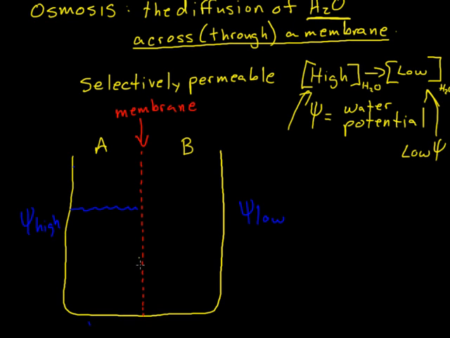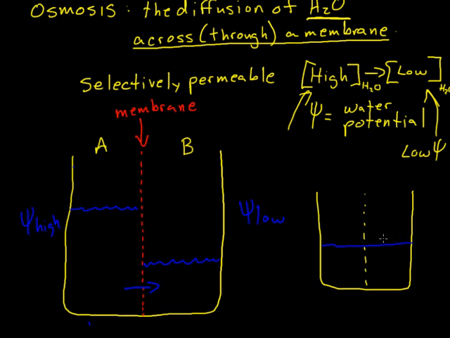And because this membrane is permeable, which means water can flow freely through it, that's exactly what water's going to do. And so the water's going to, through osmosis, move through this membrane to the other side. And over time, you get the picture of what the dotted line means.